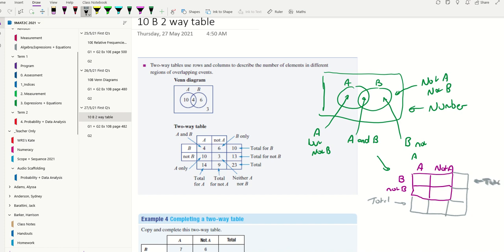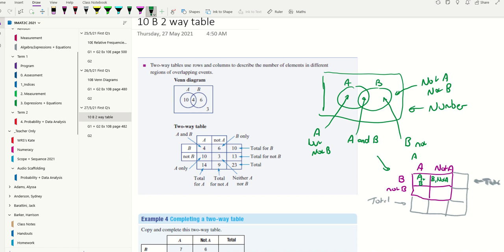Okay, so let's have a look at that same information, the same stuff we've got in the Venn diagram. Here I've got A plus B, A and B. Here I've got B in my row across there, but not A. A is in my column, not A. This is the not A column.